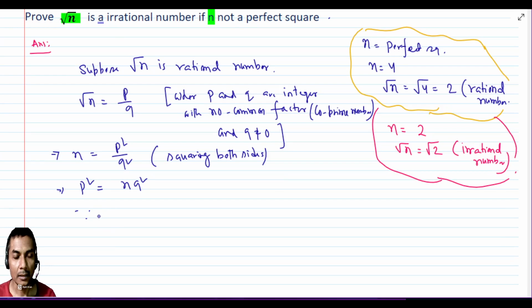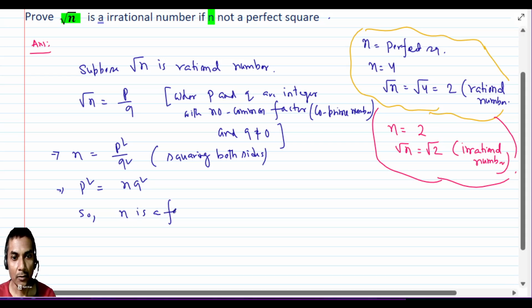Since from above, p square is a multiple of n, or you can say n is a factor of p square. You can say n is a factor of p.